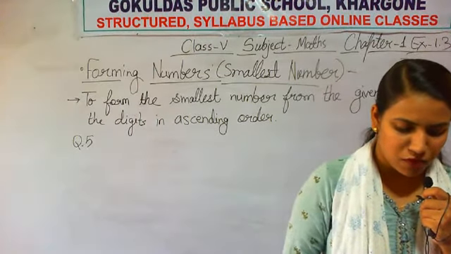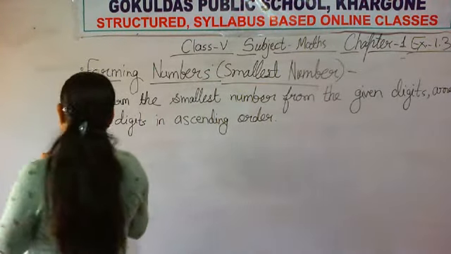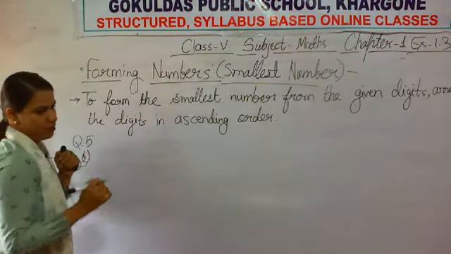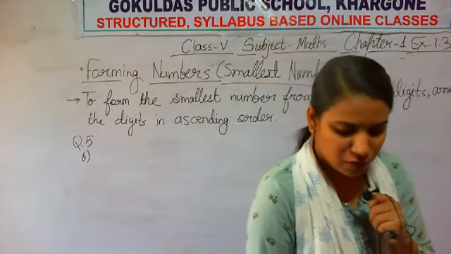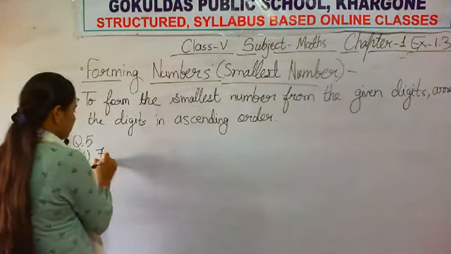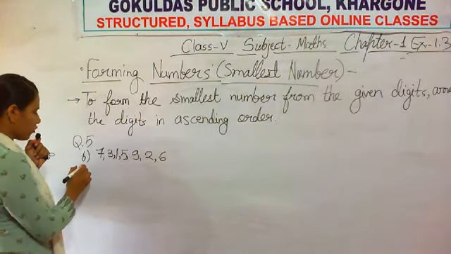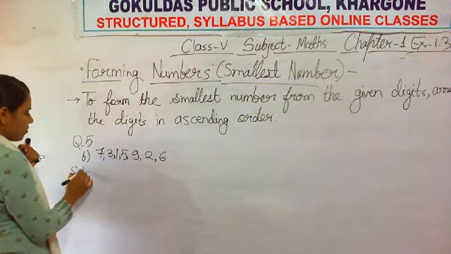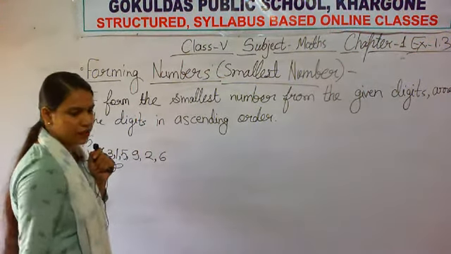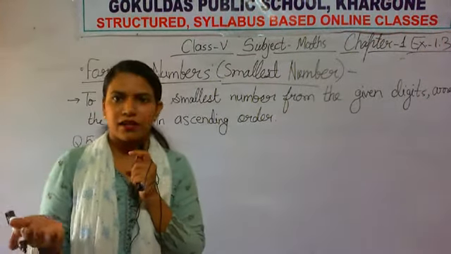I am starting from question B. Okay. The digits given are 7, 3, 1, 5, 9, 2, 6. These digits are given in your question.